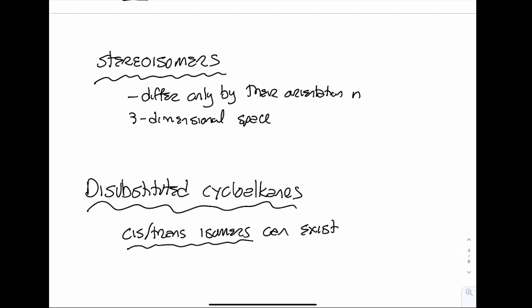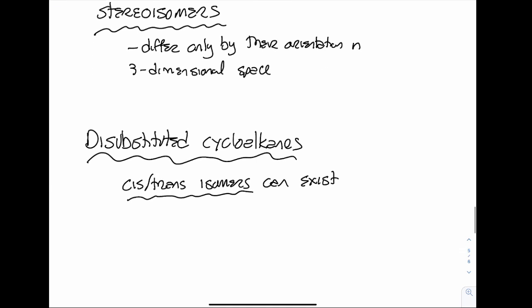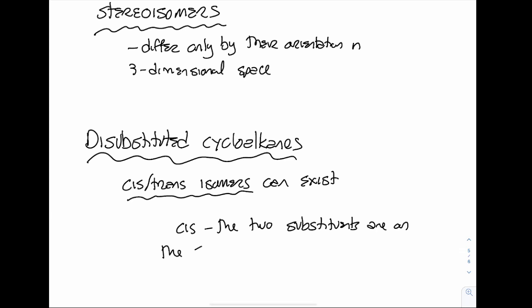So cis trans isomers is a type of stereoisomer again. Stereoisomers being things that differ only in their three-dimensional orientation. Cis means the two substituents are on the same side of the ring, so either both up, both down, both coming out at you, both going back, depending on your orientation.